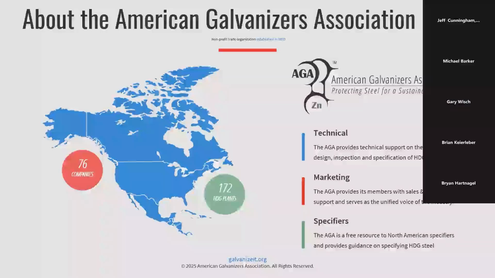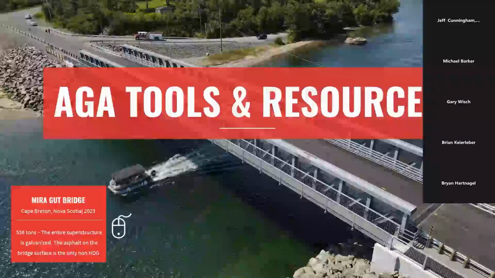We provide continuing education free of charge for AIA and RCEP, so architects and engineers. And then, we're just a free resource for all the North American specifiers out there. We provide guidance on specifying hot dip galvanizing, design, installation, inspection, pretty much all of it. So please use us as a resource when specifying your next project.